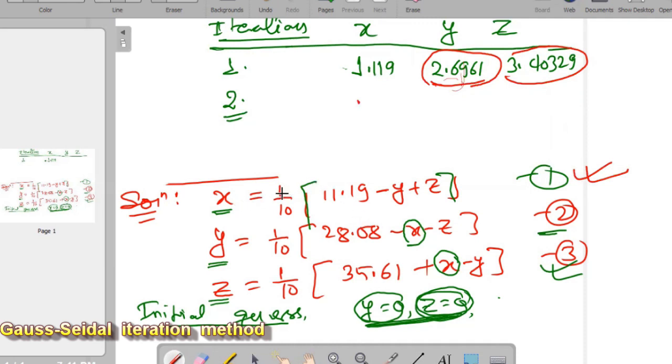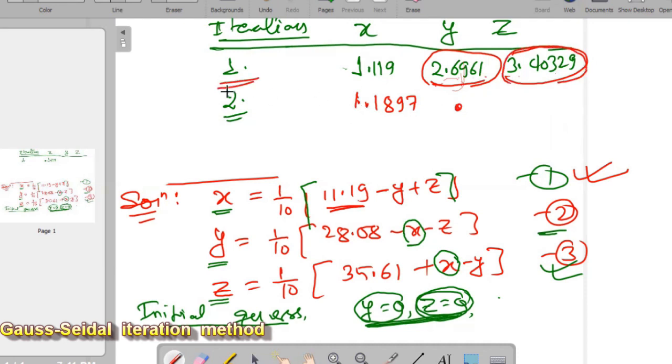So this equals 1 by 10 times (11.19 minus 2.6961 plus 3.40329), and we obtain 1.1897.